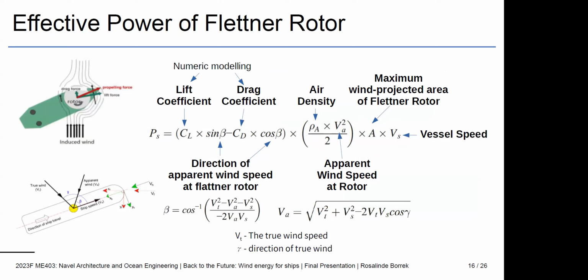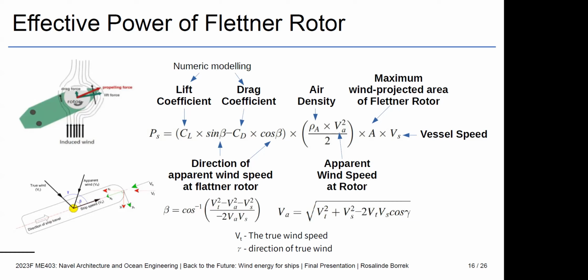The Flettner rotor works in a way that we have a large tube, and that tube gets turned by a motor, and through this movement, the induced wind then creates a drag force and a lift force and the resulting propelling force, ideally in the direction in which the ship is moving.